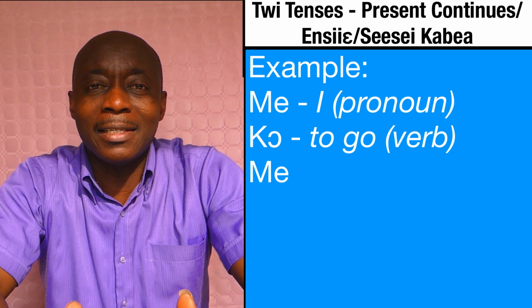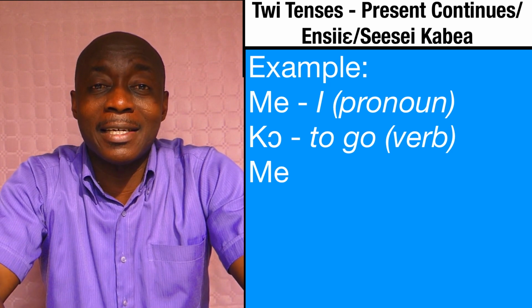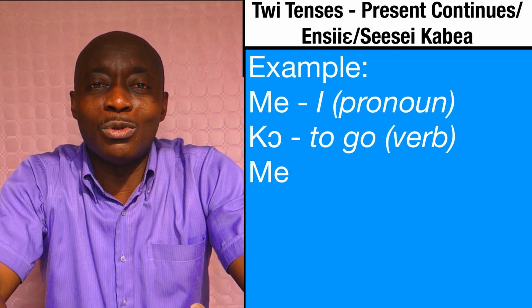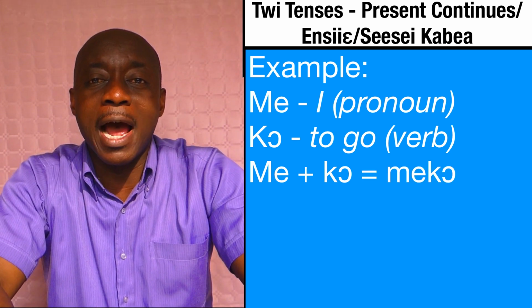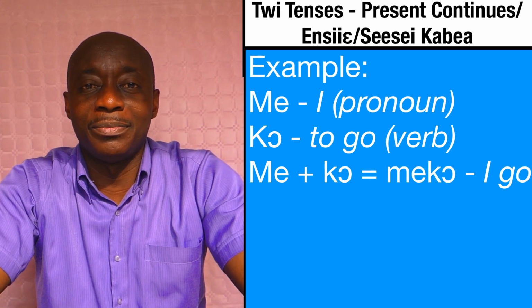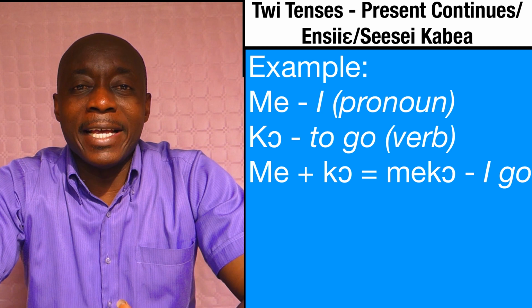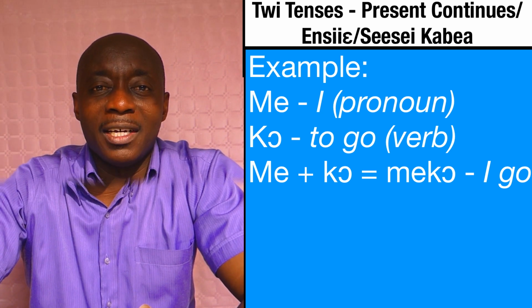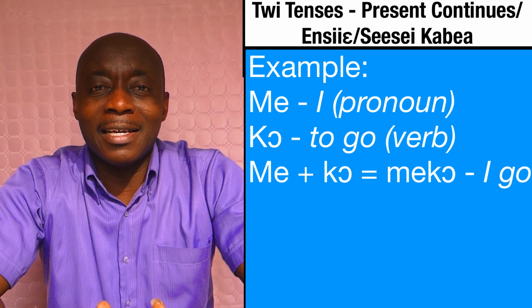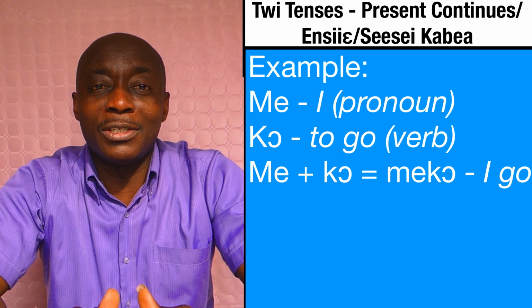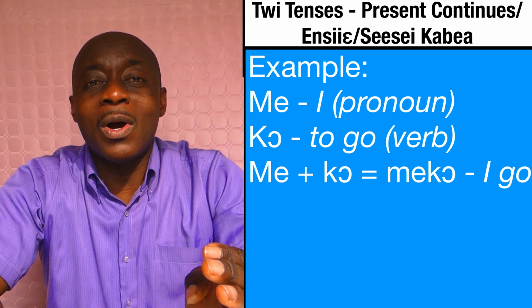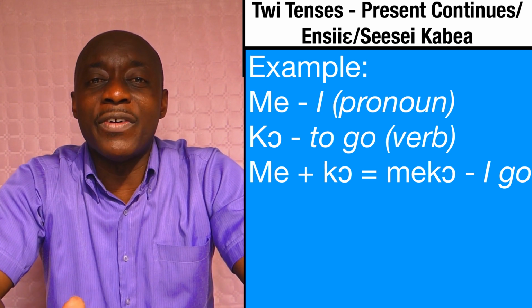Welcome back. Let's recall a bit about the last lesson. In the last lesson, we said that if you want to construct a sentence in the simple present tense, all you needed to do was to add the pronoun to the verb, and that was all. The same thing applies here. If you want to construct a sentence in the present continuous tense in Twi, you add the pronoun to the verb.